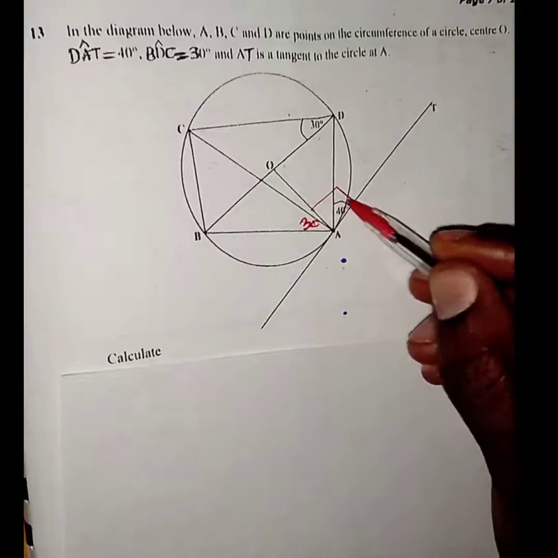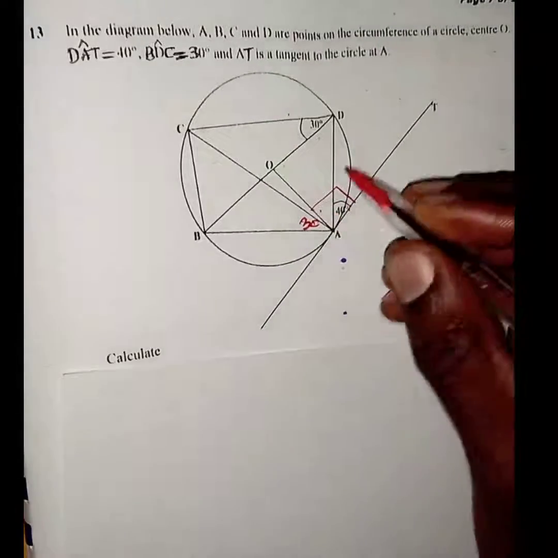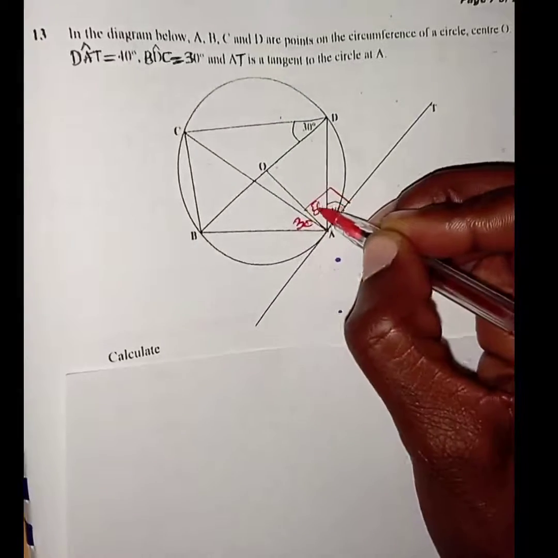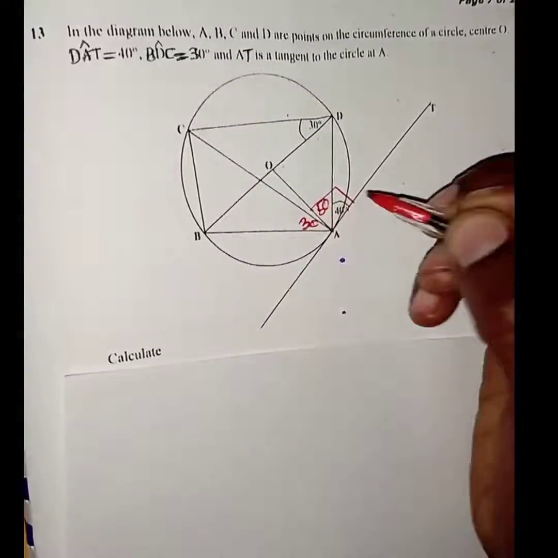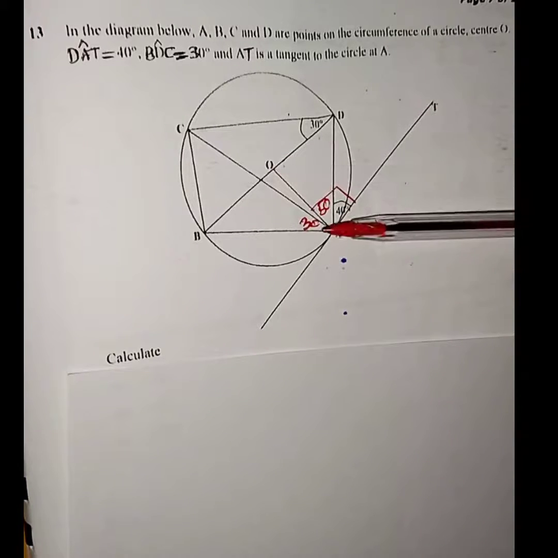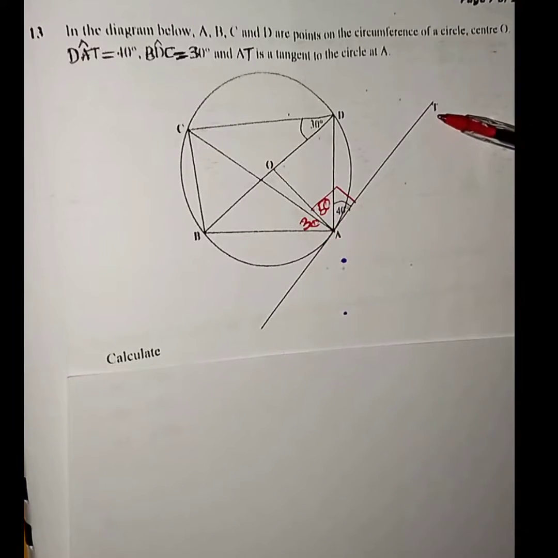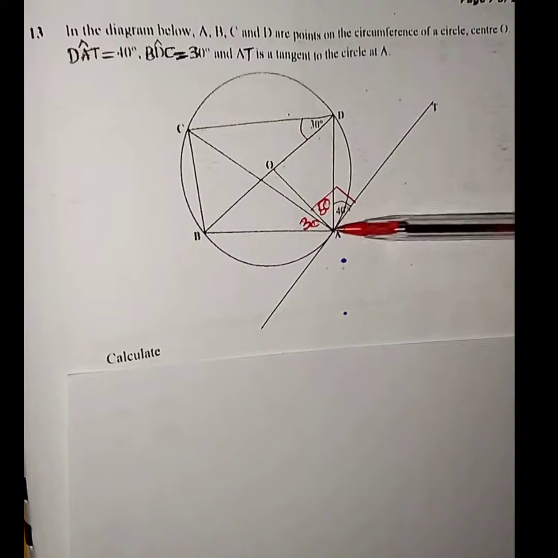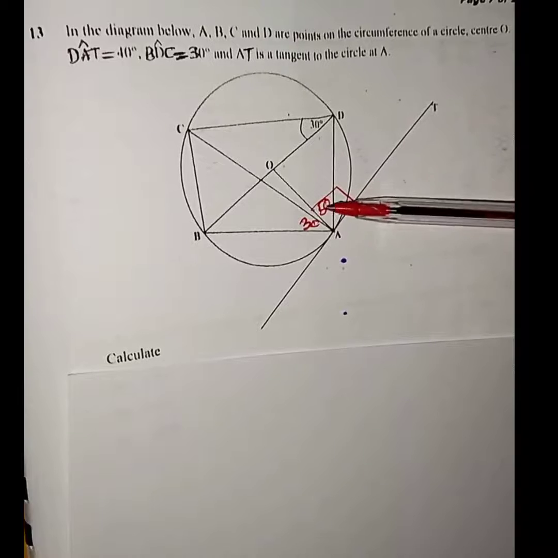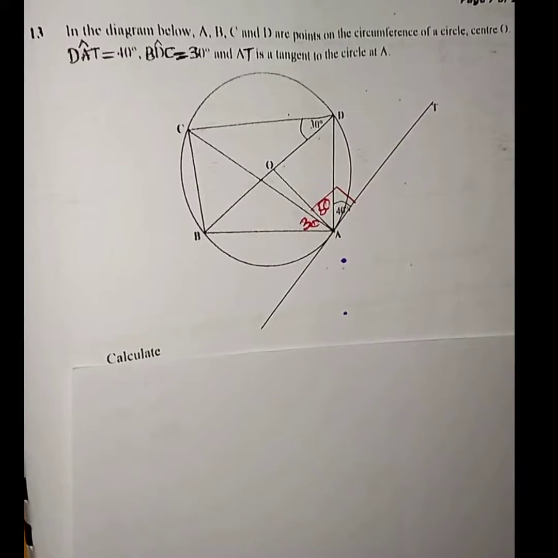So if this is 40, what about here? You do 90 minus 40, you get 50. The reason being, when a radius touches the tangent at the point of contact, it forms 90. So 50 plus 40 gives you 90 degrees.